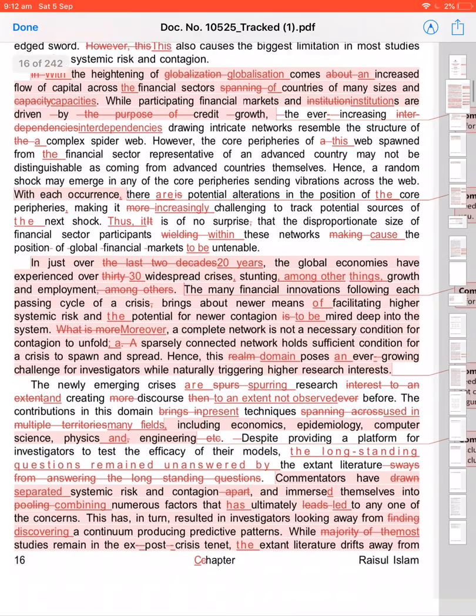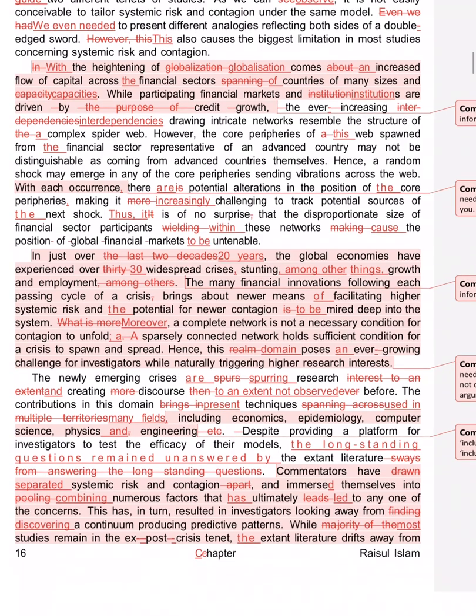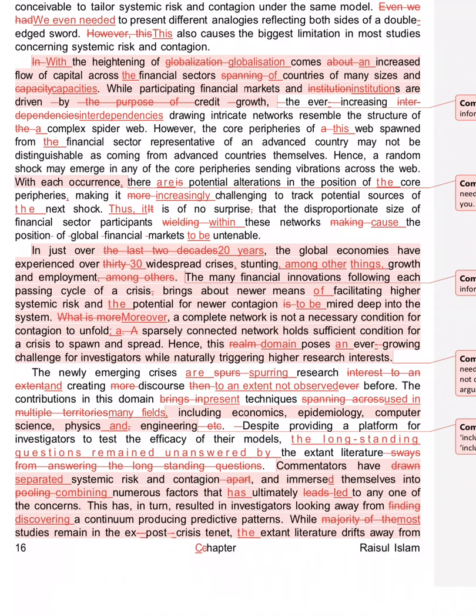So participating financial institutions are driven by credit growth. The purpose of doesn't fit, just cut it off. Simple and easy. Driven by credit growth. Make it simpler every time you revise.